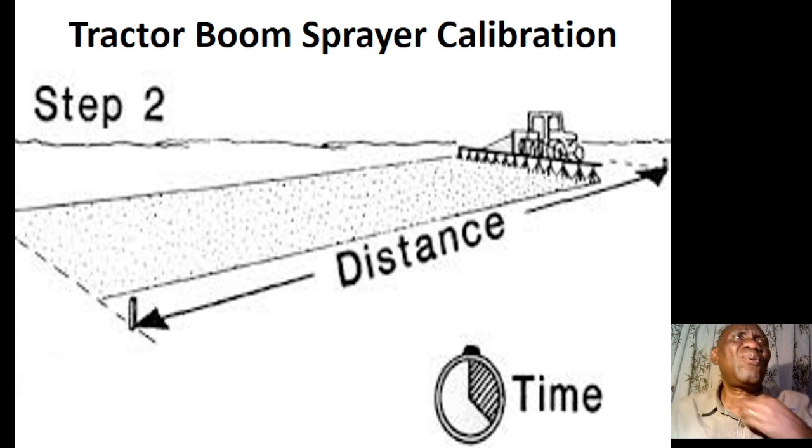So with a tractor boom sprayer, you mark out the distance. It could be 100 meters. Then you fill the tank with water.